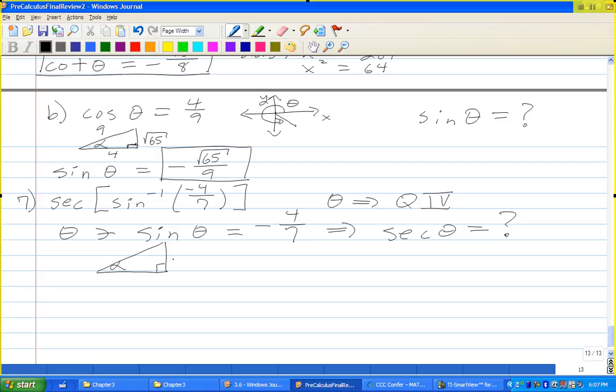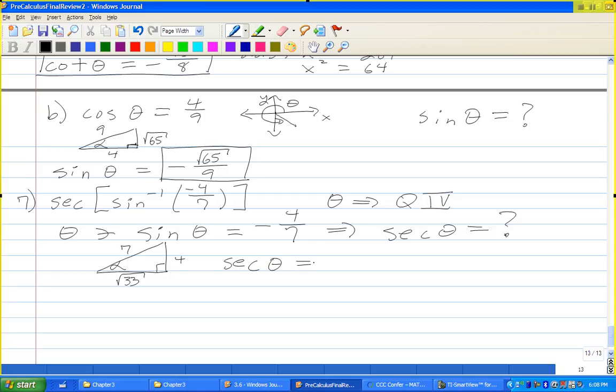So I have sine is 4/7. 49 minus 16 is 33. So radical 33. So 33 plus 16 is 49. Okay. So secant theta.